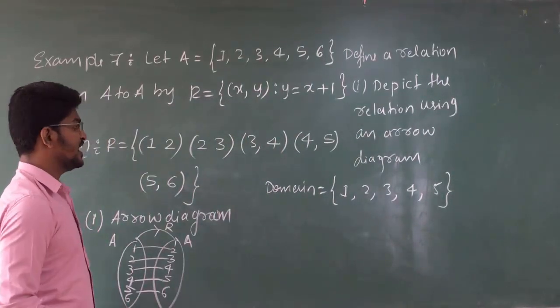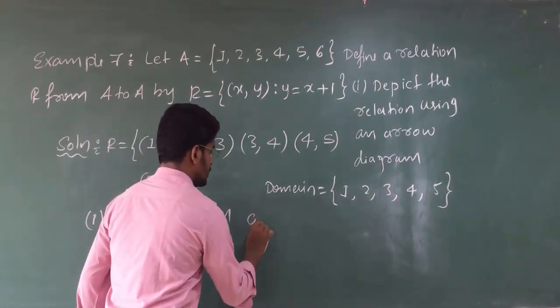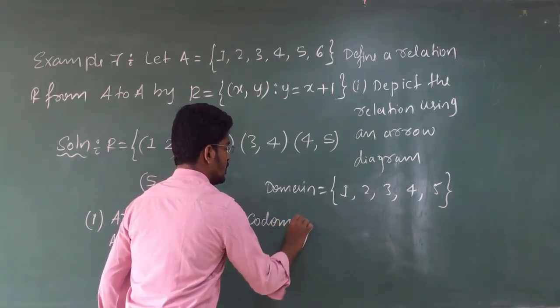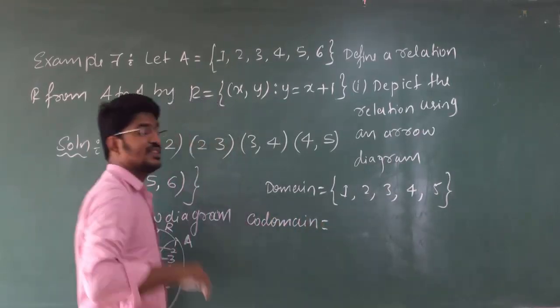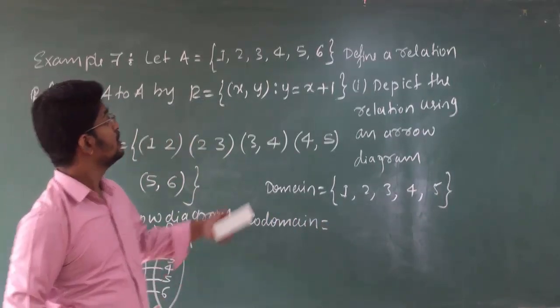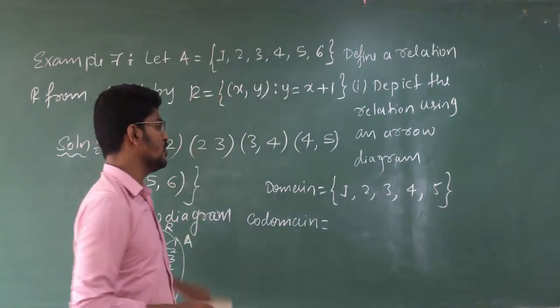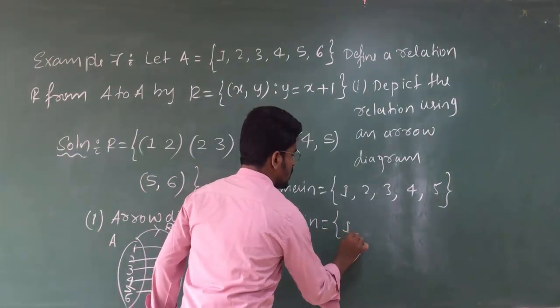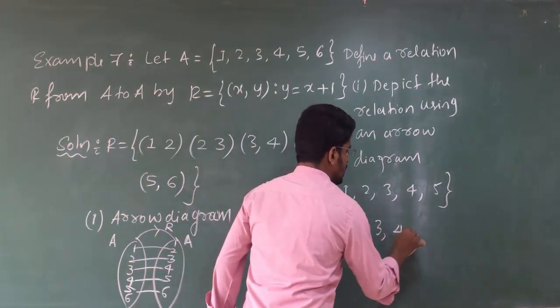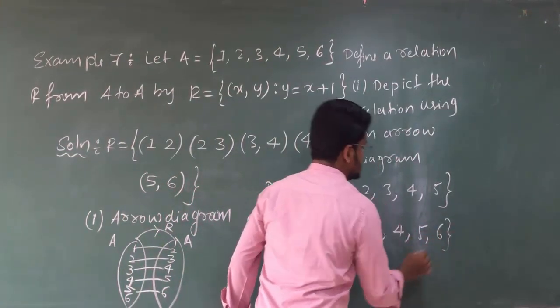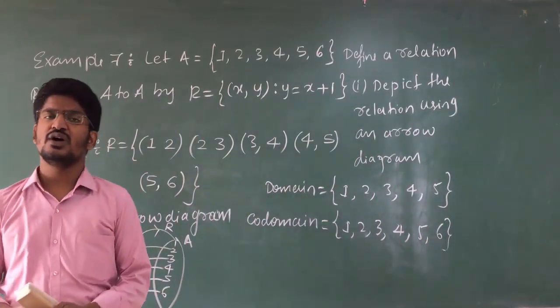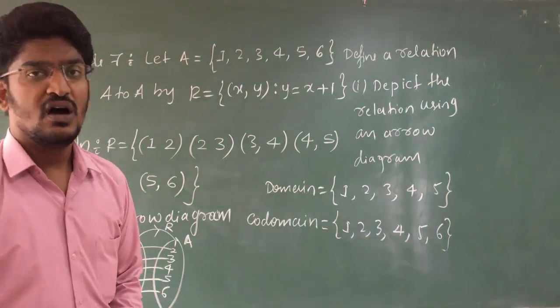Next, codomain. Codomain means the complete second set. Here the second set is also A, and the first set is also A, so no problem. So codomain is 1, 2, 3, 4, 5, 6, because they have given only one set for this problem.